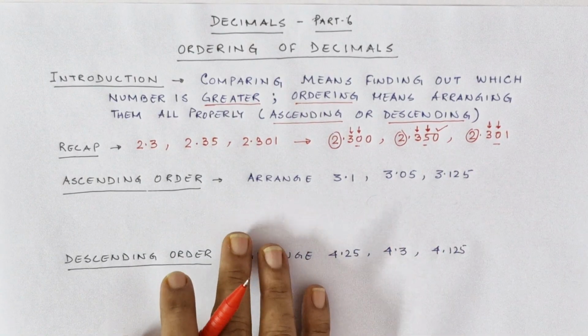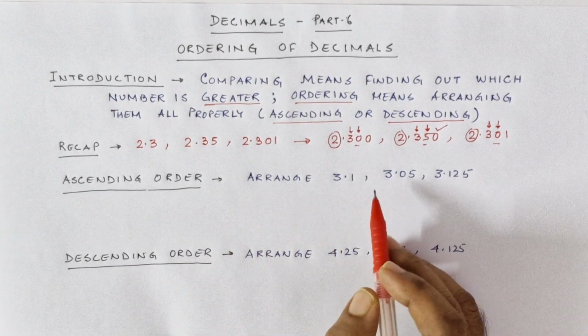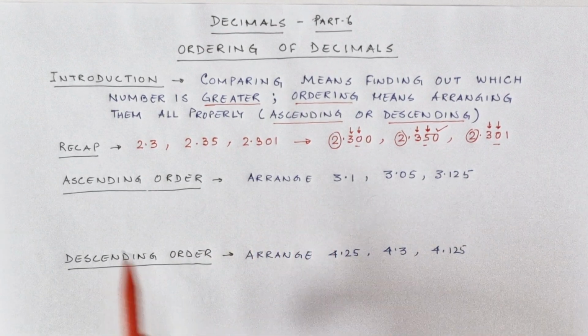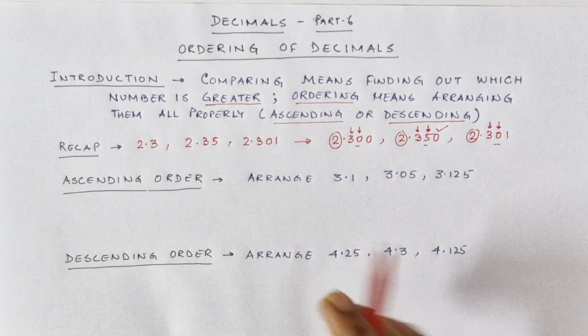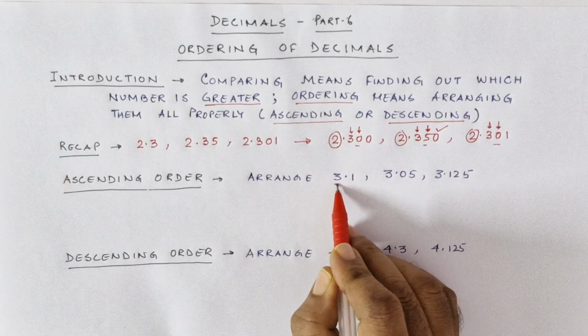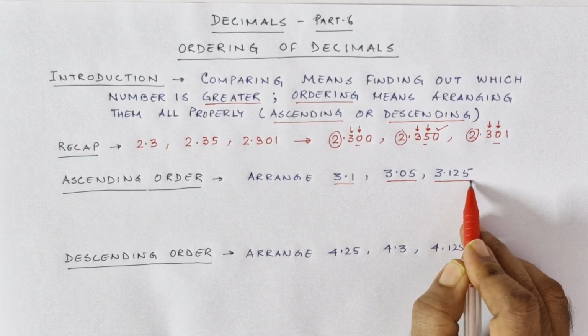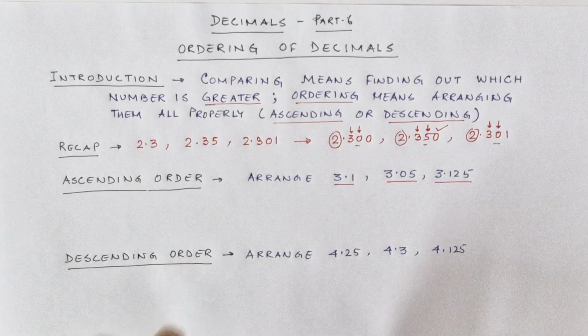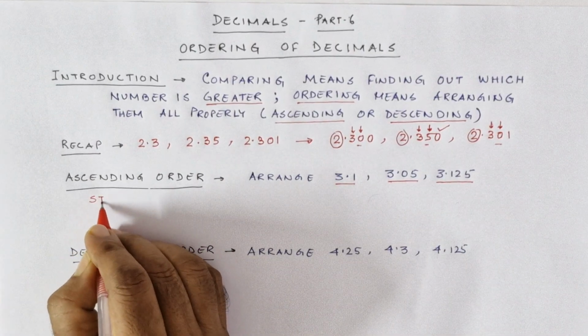Now let's come to ascending order. Ascending order means smallest to greatest. We'll arrange 3.1, 3.05 and 3.125 from smallest to greatest. What will be step 1?